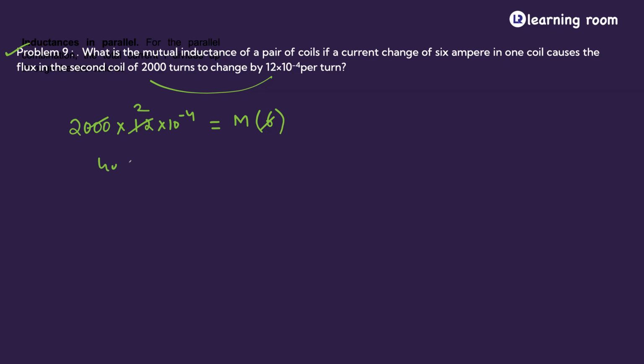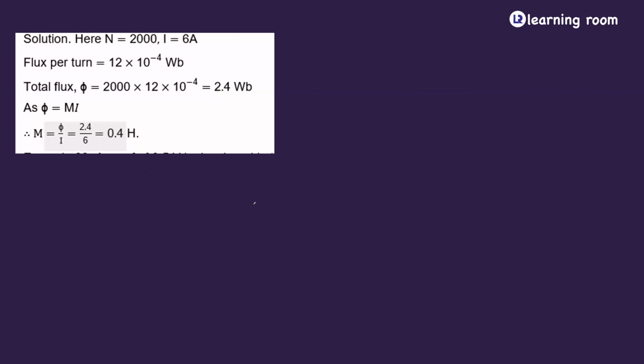So it should be 4000 into 10 power minus 4 is equal to capital M. So capital M should be equal to 0.4 Henry. Am I right? Did you understand? So it should be 0.4 Henry.